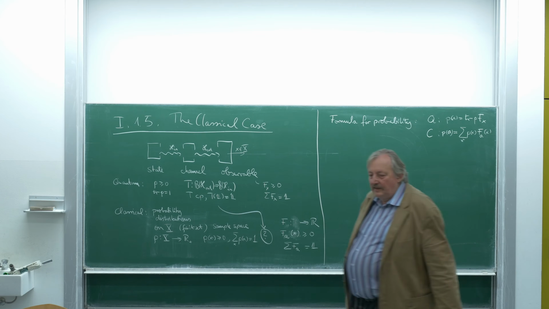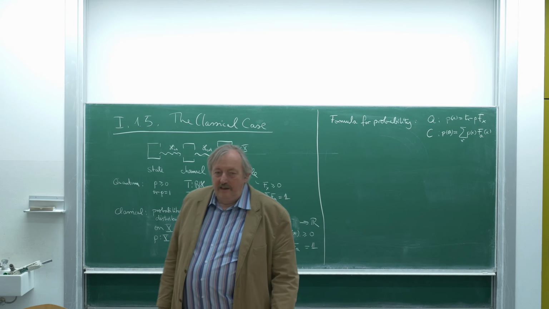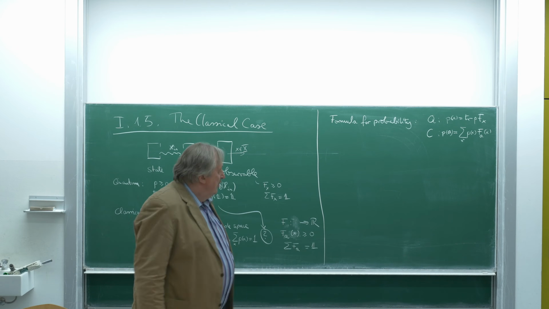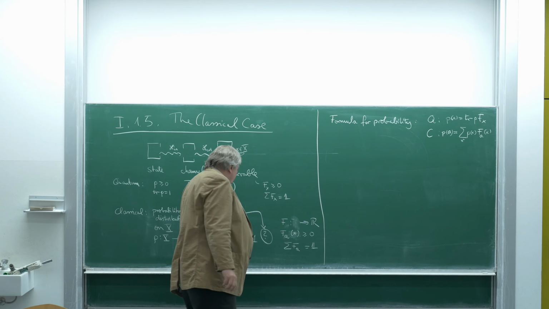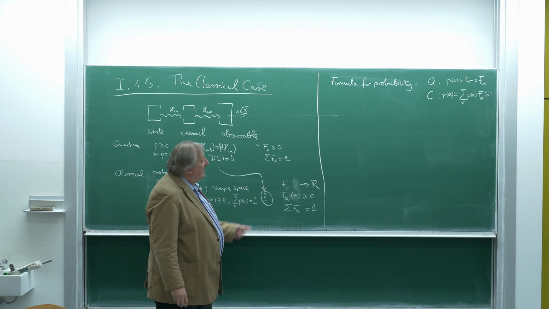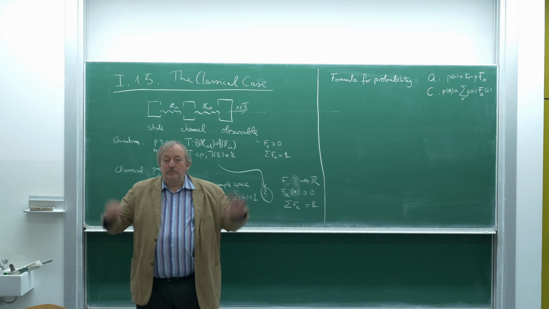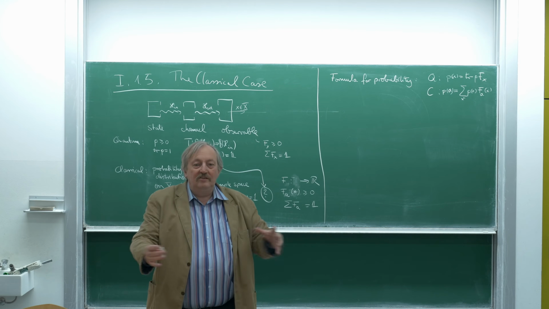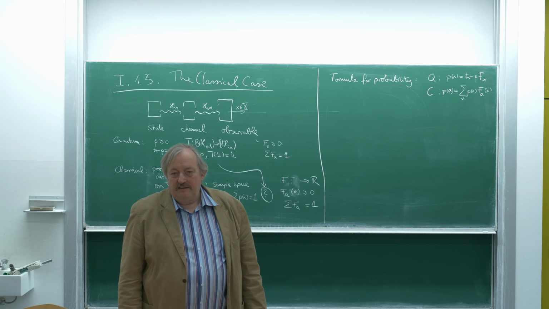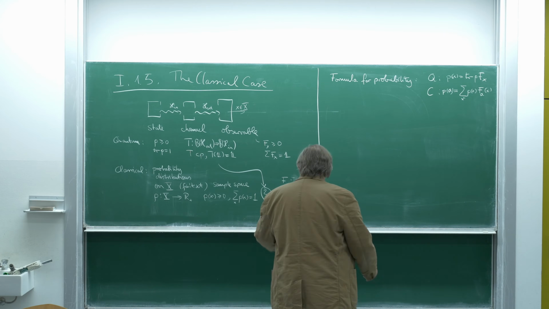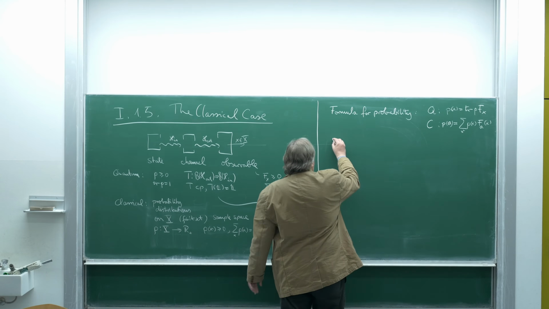Now, why did I get confused about the sample space X and the outcome space X? Well, there is a particular measurement that we could call the super measurement that just reads out all the properties in the classical case. So, classical case, this is one of the differences.